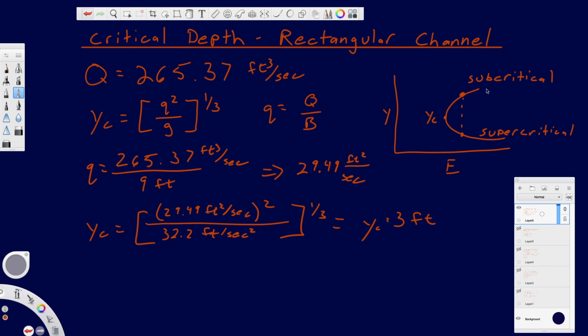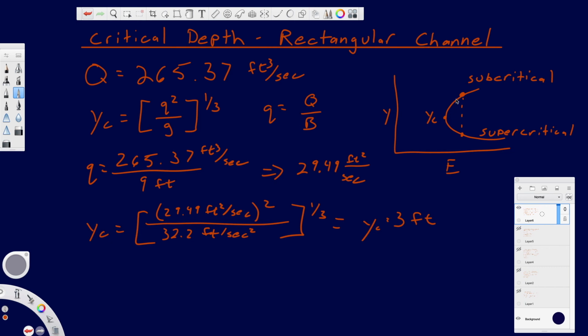If you were to plot different depths versus energies, at the very lowest energy of this sort of parabolic curve, at its minimum is your critical depth. Now as you have increasing energy, you actually have two possible depths for a given energy state. You have a supercritical and a subcritical depth.